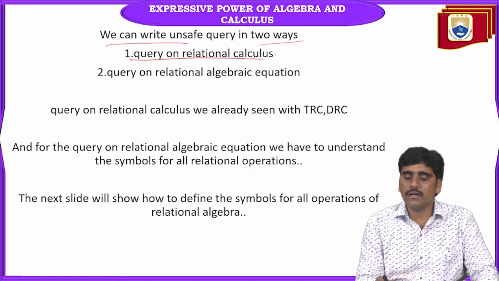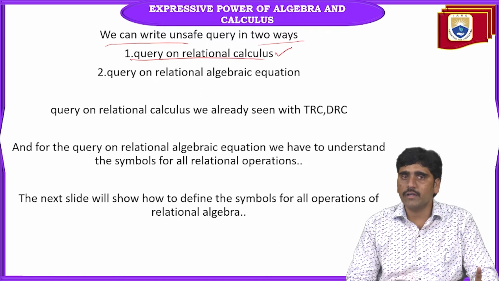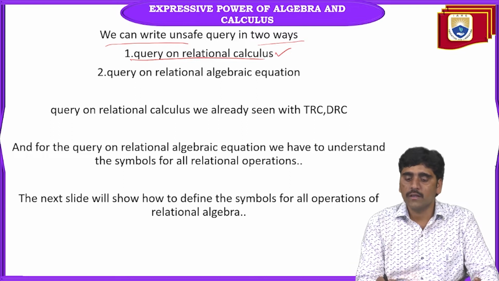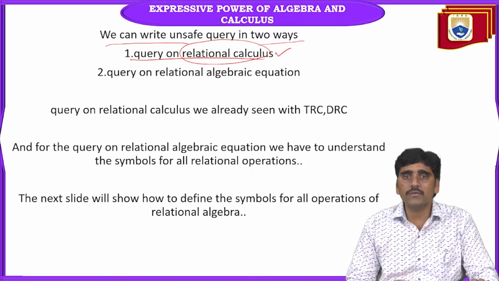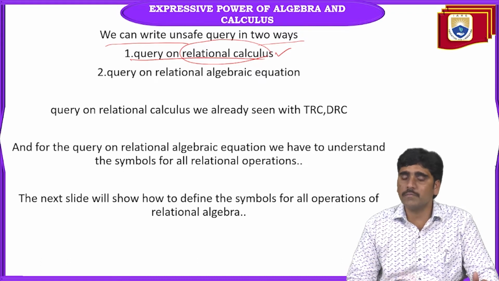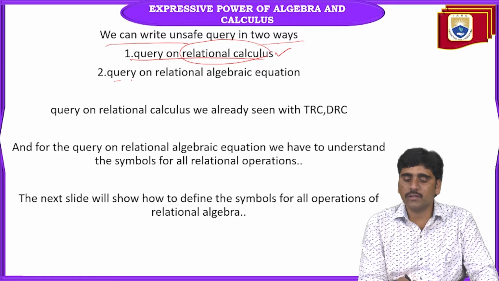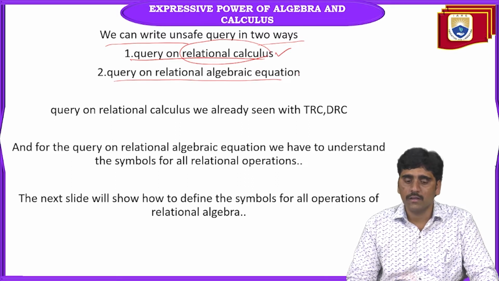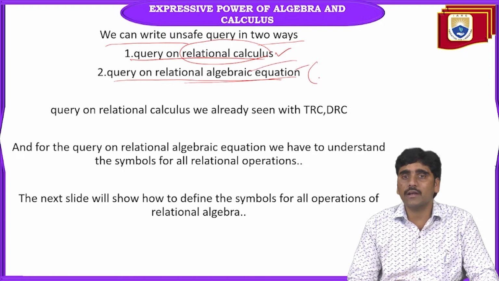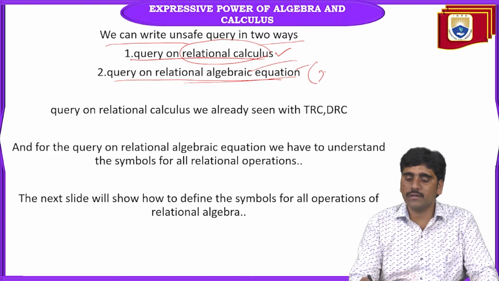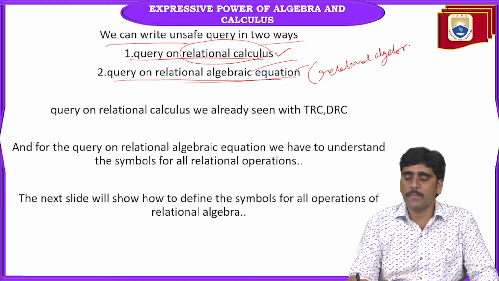One is a query on relational calculus, which is nothing but writing a non-procedural query to retrieve multiple values from tables. And the second one is a query on relational algebraic equations, where we write queries by using different relational algebraic operators.